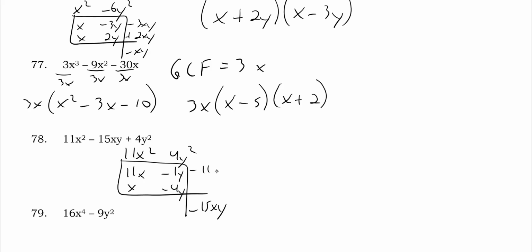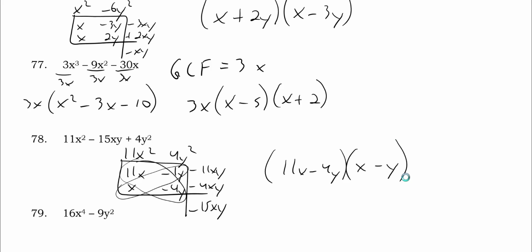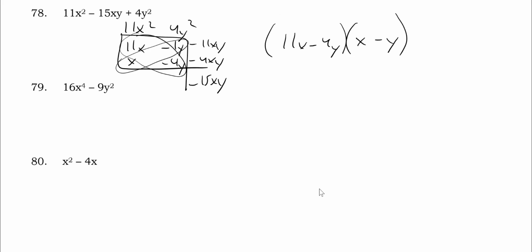So negative 11xy and negative 4xy, which gives you negative 15xy. So again, you make sure you cross like this, right? So it's going to be 11x minus 4y and x minus 1y. And you're done.